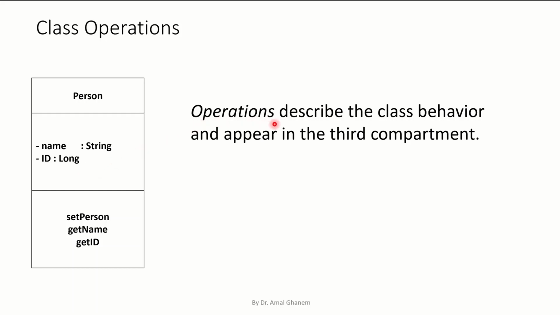So operations, which we refer to as methods, describe the class behavior. Whatever we need to do as operations of that class, like set, get, print, calculate, they always appear in the third part, the last section of our UML class.